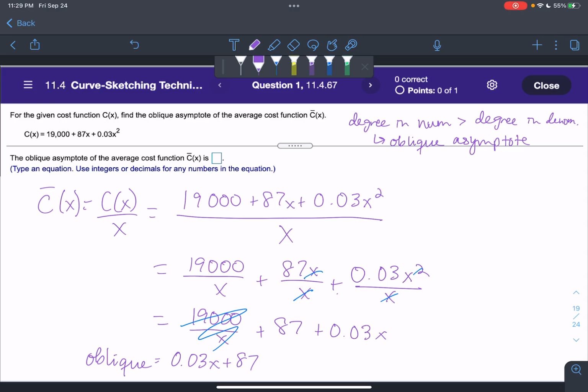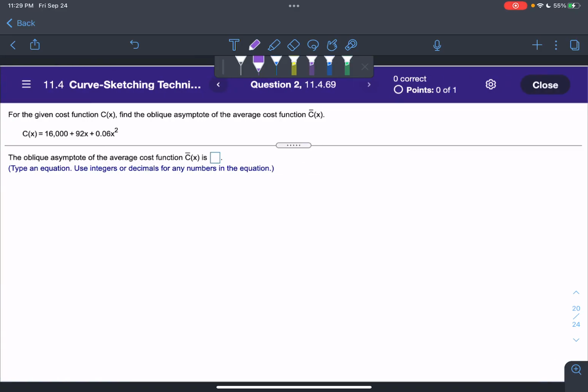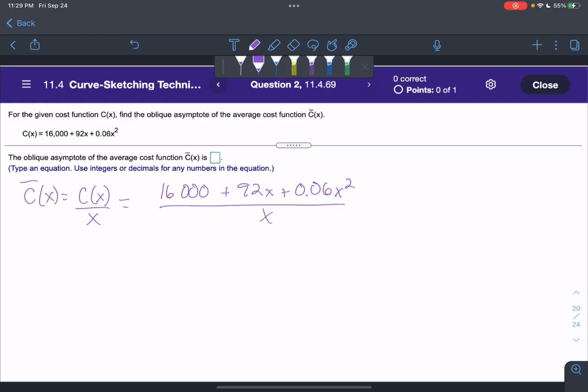All right, let's try one more. So again, I want to find C bar of x equal to C of x over x. So 16,000 now, plus 92x plus 0.06x squared all over x. And so I can separate these fractions.